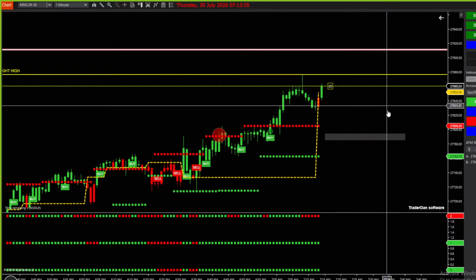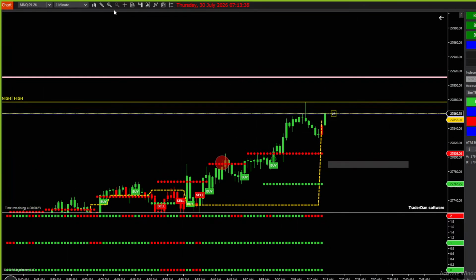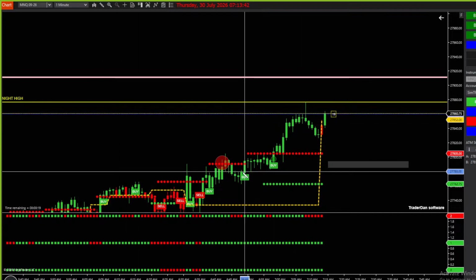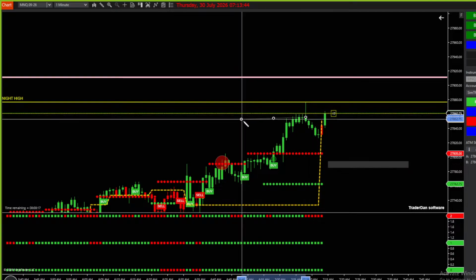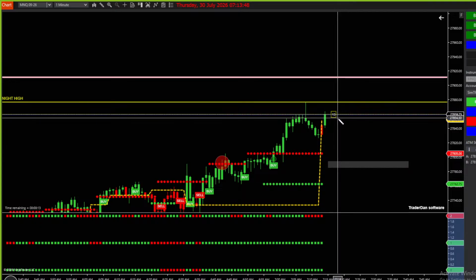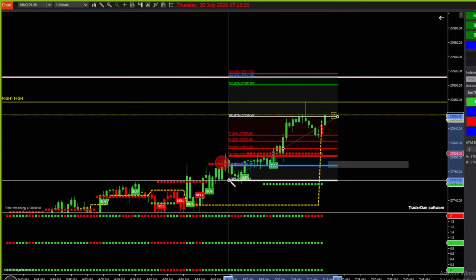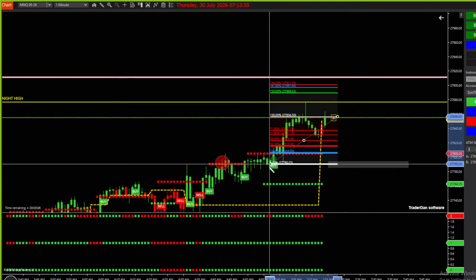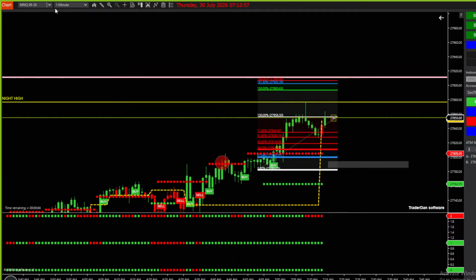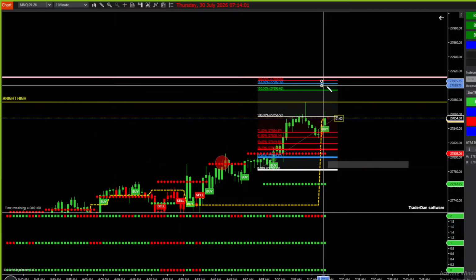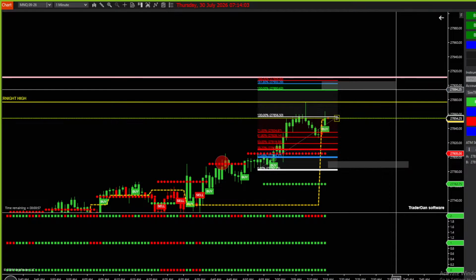If it breaks, where does it go? A, B, C, D swing. So this would be the bottom. It would be here. Micro level swings, nothing crazy.